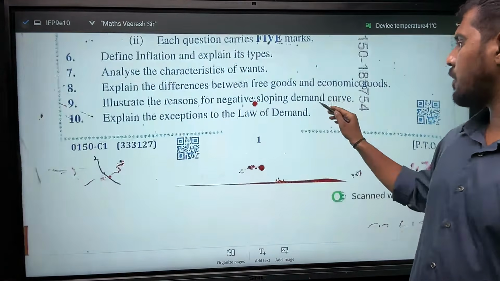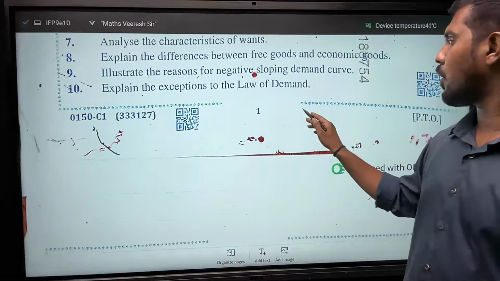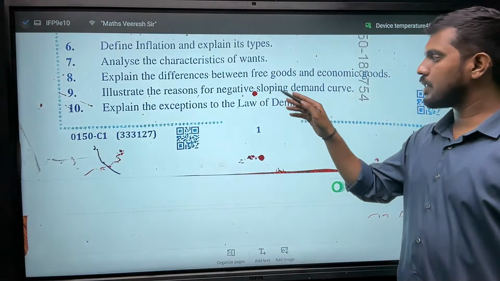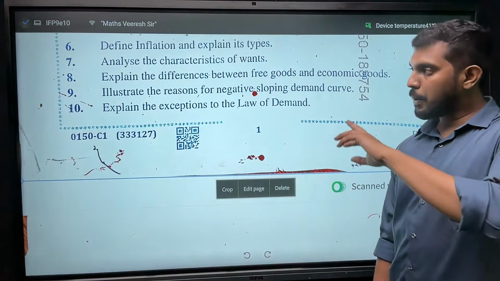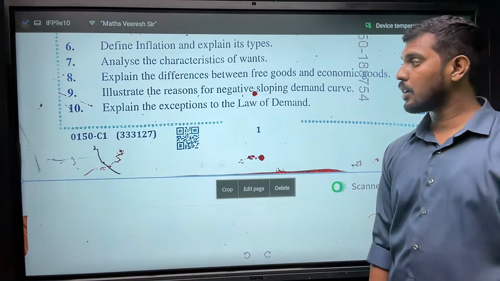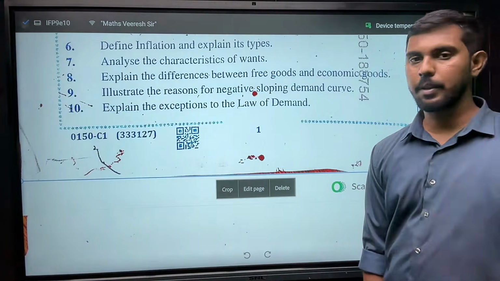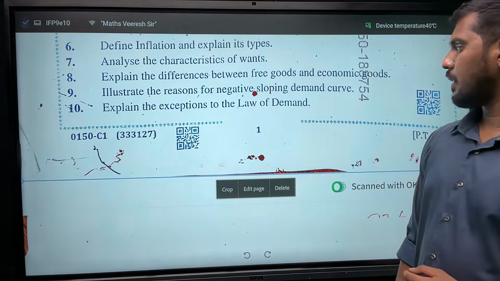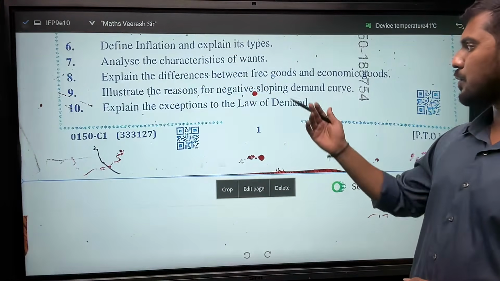Demand, slope of demand curve, and exemption to law of demand. Here from the 3rd chapter he has given these 2, right? In place of this he may give another 2 questions, like determinants of demand, and also the negative sloping demand curve.